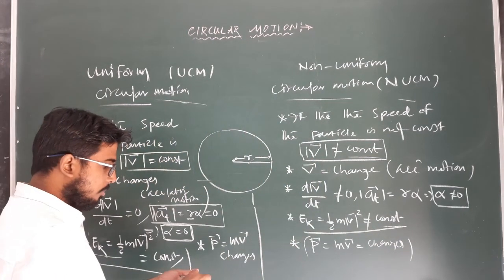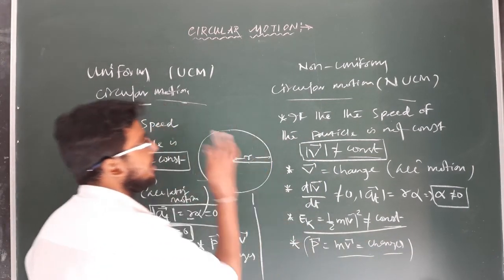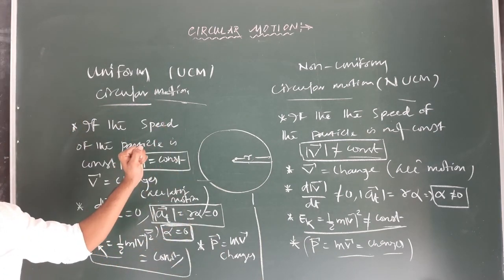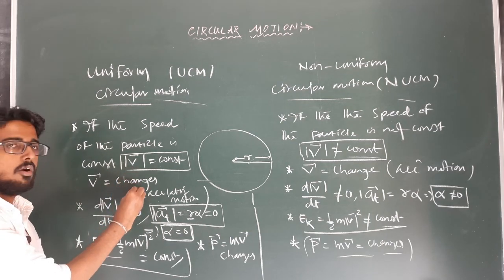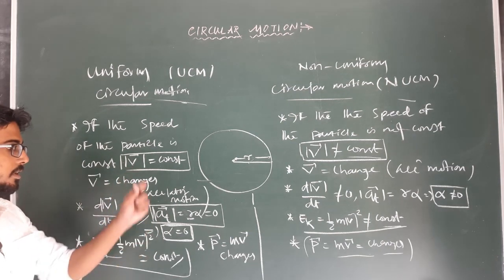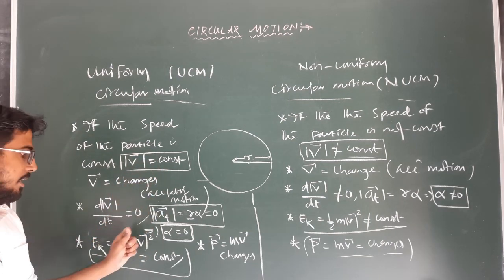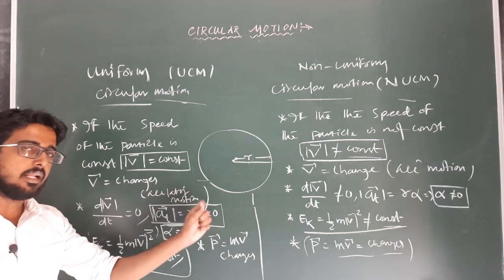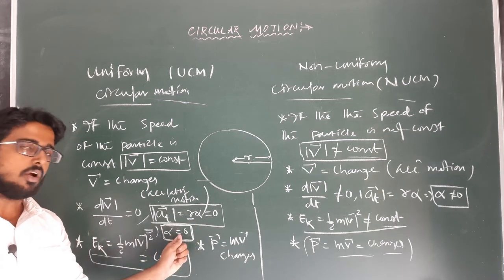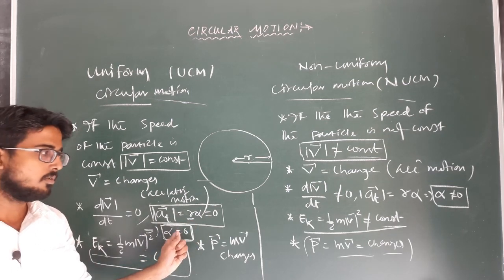Clear? So you have to remember all these points regarding uniform circular motion and non-uniform circular motion. So in both cases, the motion is accelerating. Here the speed is constant, that's why kinetic energy is constant, but momentum varies. And as speed is constant, tangential acceleration is 0, that's why the angular acceleration of the body is 0.